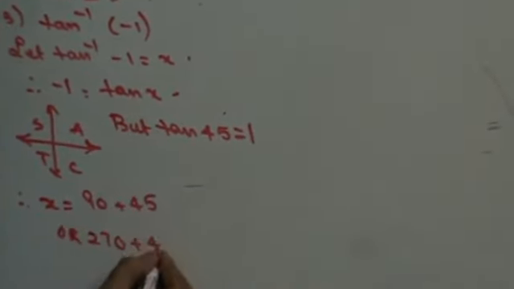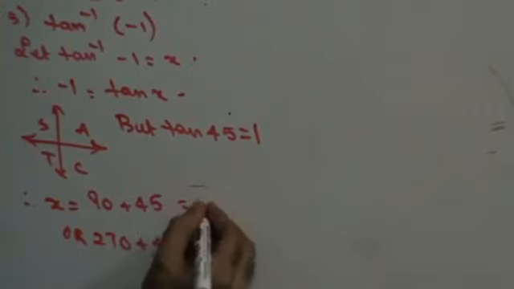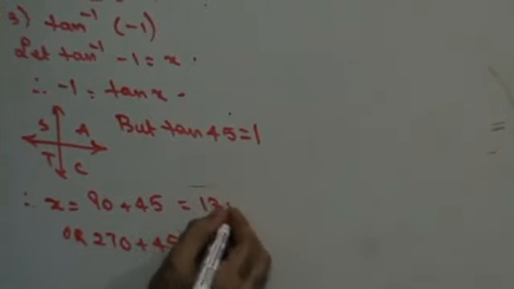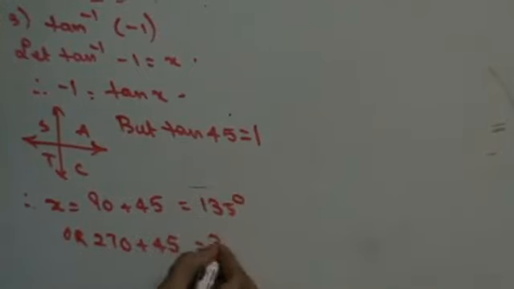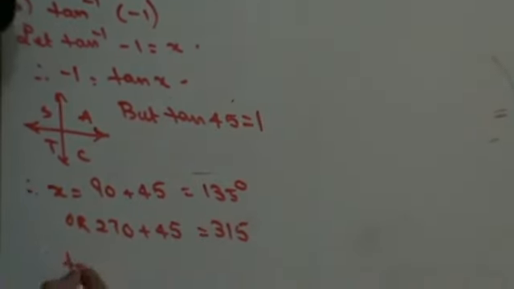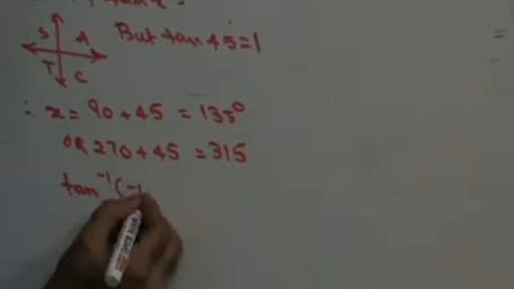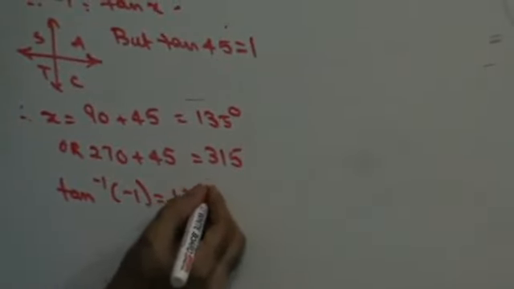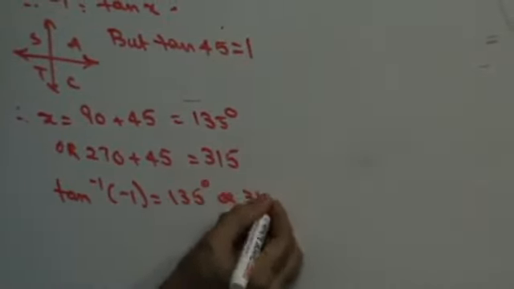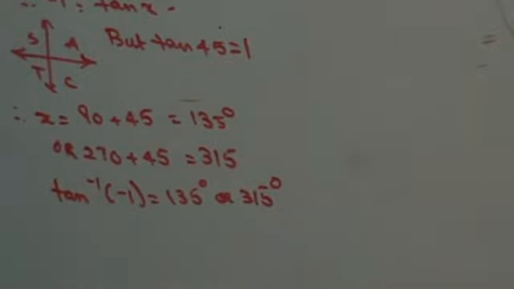So you will say 90 plus 45 or 270 plus 45. So this is going to be 135 degrees or 315 degrees. Therefore, tan inverse of negative 1 is 135 degrees or 315 degrees. That's how you find these values.